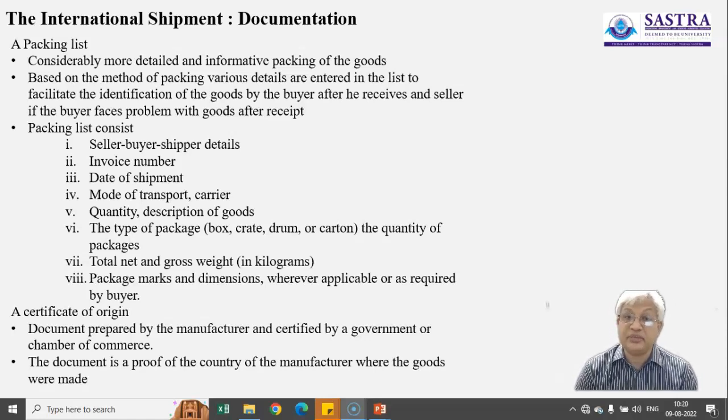It is based on the method of packing. Various details are entered in the list to facilitate the identification of the goods by the buyer after he receives, and the seller if the buyer faces problem with the goods after receipt.